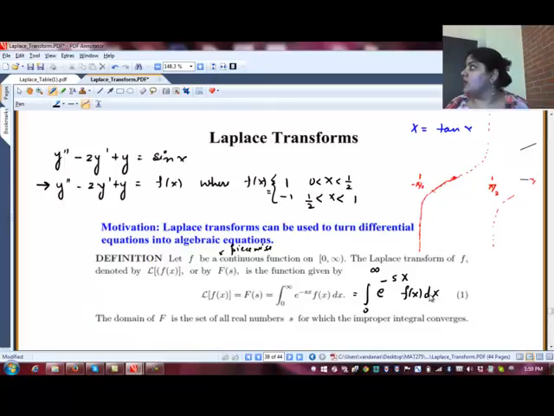With respect to x, so we will be plugging the limits in x. So this is eventually a function of which variable? Once you integrate it and plug in the limits, then s is left, right? So it's a function of s, and that's the reason I put capital F(s) here. Now this is the Laplace transform of this function f(x).